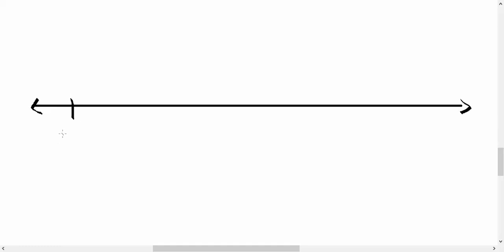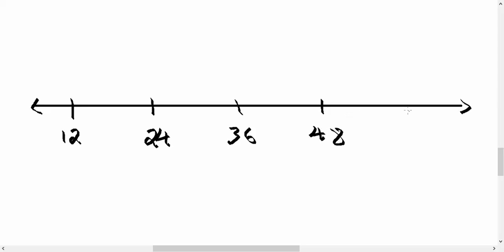Let's do 12, and we do a bunch of notches, and then we get to the next multiple of 12, which is 24. Do a bunch of notches, and then we get to the next multiple of 12, which is 36. We do a bunch of notches, get to the next one, 48.